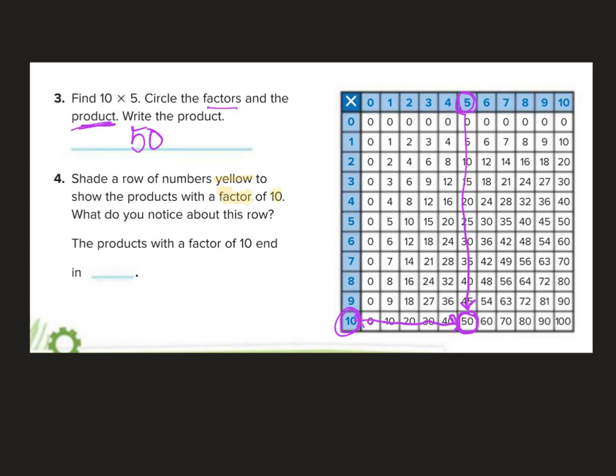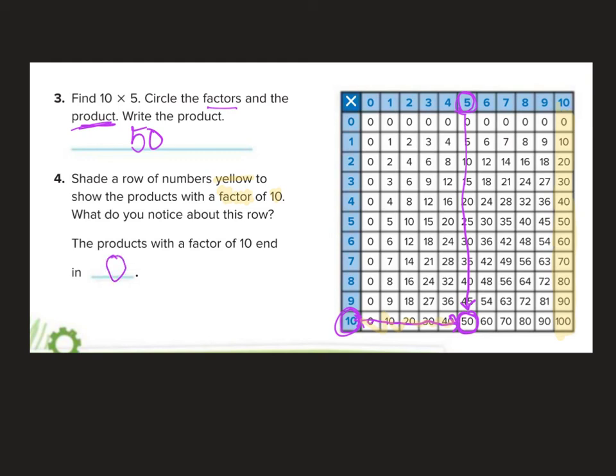So we're doing all the 10s again. I'm going to go up and down since I already kind of ruined this guy down here. So I'm going to find 10 up here and do it vertically. Okay, here we go. What do you notice? The products with a factor of 10 end in our good old friend 0.